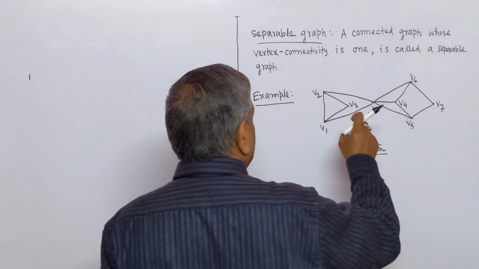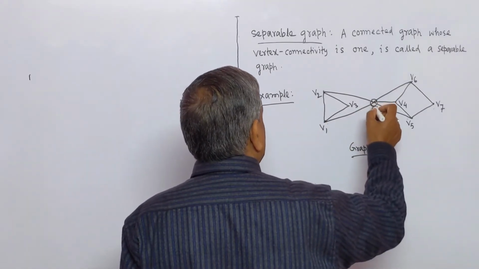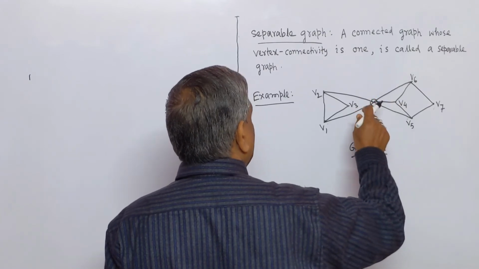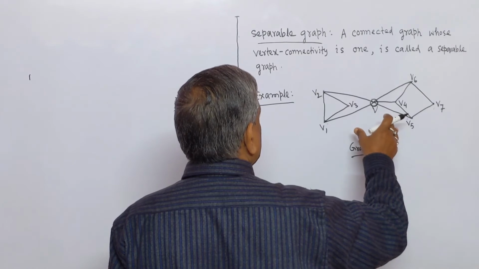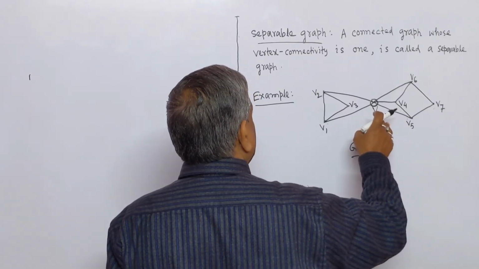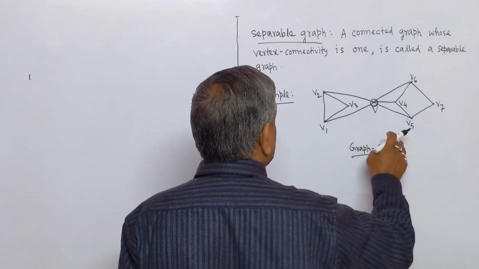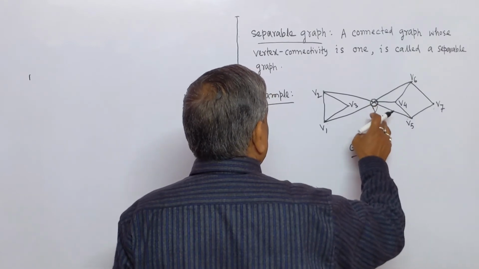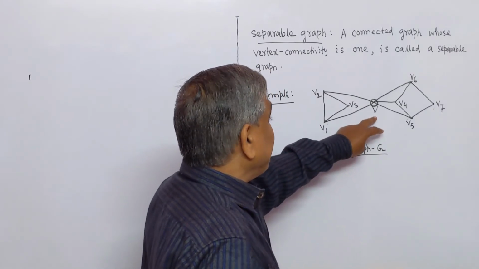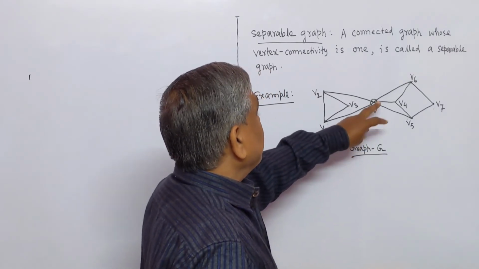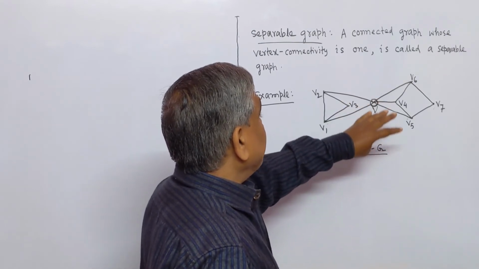Here we see that if we remove this vertex V from the graph, we get two disconnected graphs. Means we get two separate components, different components. Therefore, by removing only one vertex V, the graph is a disconnected graph.